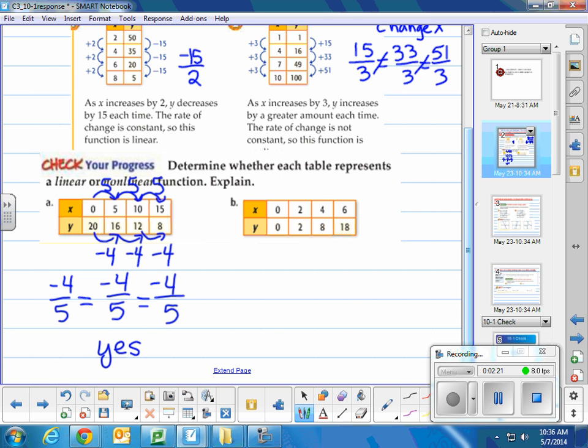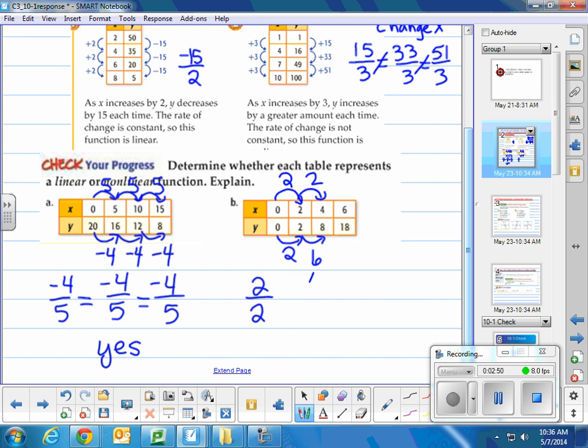For the second example, from 0 to 2, it increases by 2. And from 0 to 2 in the x's, it also increases by 2. So the rate of change is 2 over 2. When we move to the next pair of points, from 2 to 8, it increases by 6, and from 2 to 4, it increases by 2.